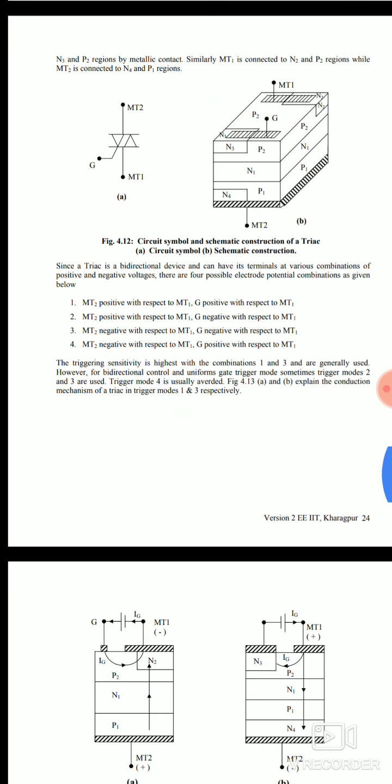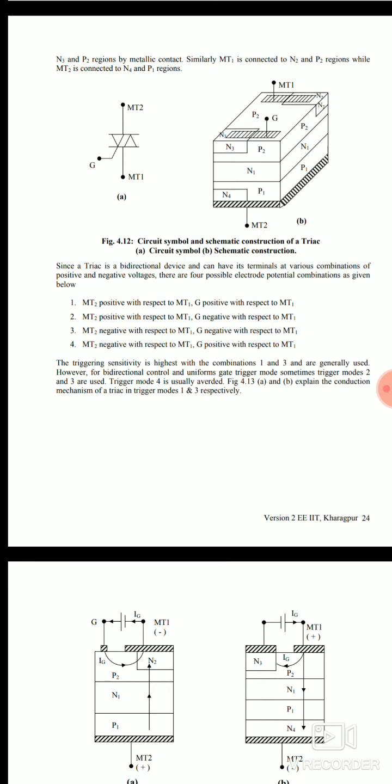The second mode of operation is when terminal MT2 is positive but the gate is negative with respect to terminal MT1. Here the current remains the same as in mode 1 but junction P2, N3 is forward biased.